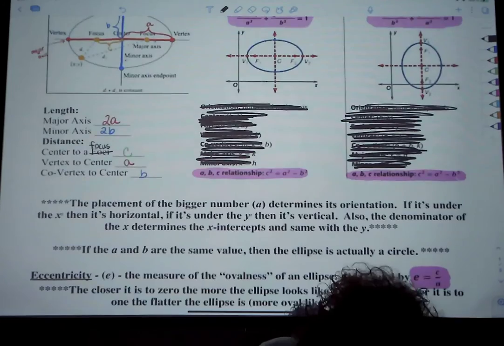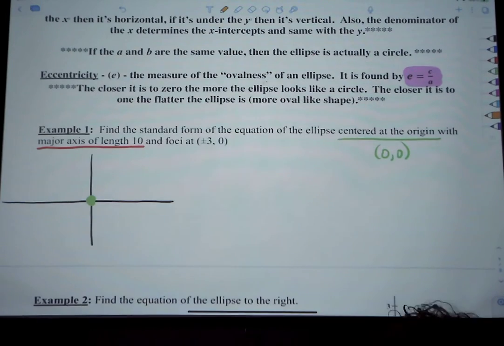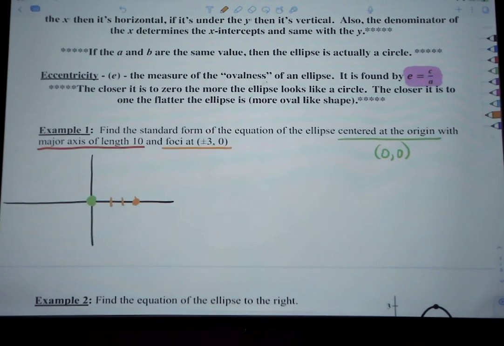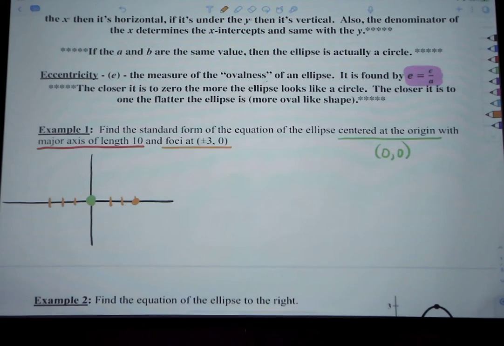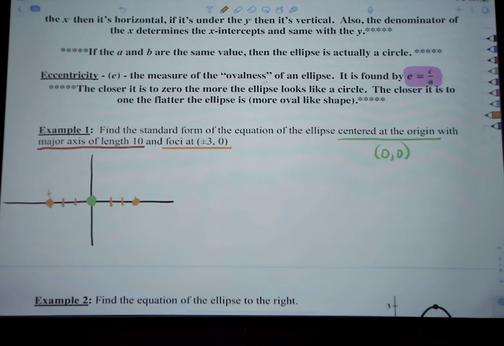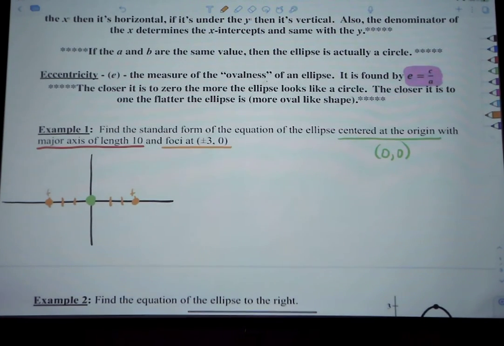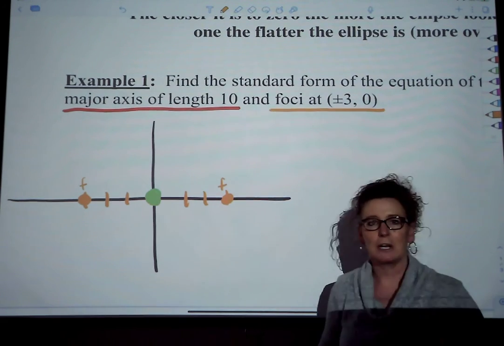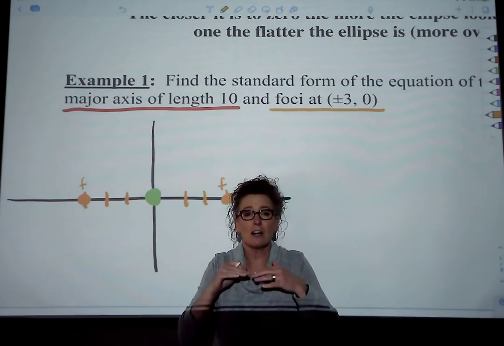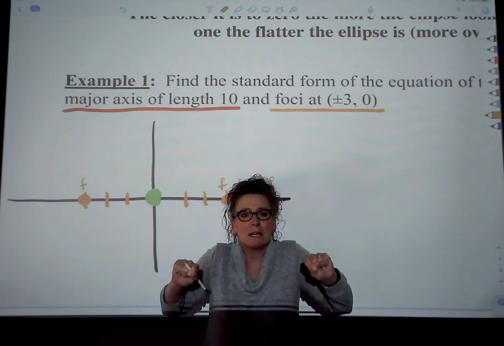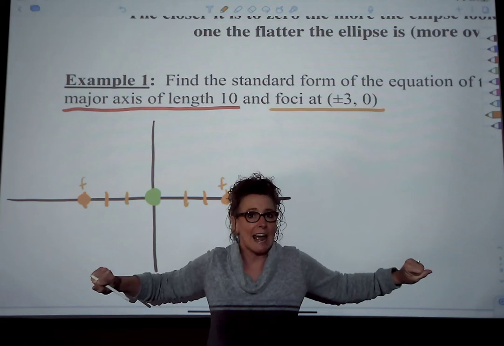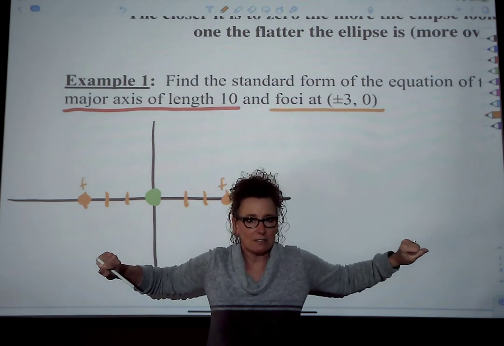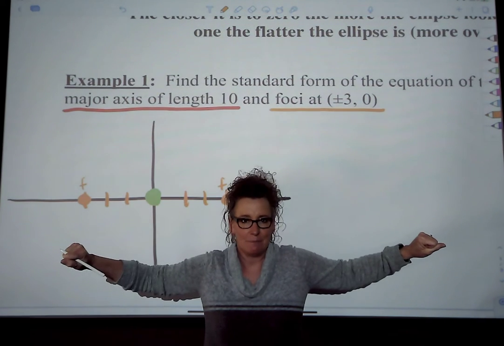Hang on. I'm going to color those orange. I'll try to keep it the same. So 1, 2, 3. 1, 2, 3. I'll put a little F there for foci. Now, remember what I told you about the foci? The foci are always on the major axis because they kind of like hold out the end points to make it a little more stretchy.